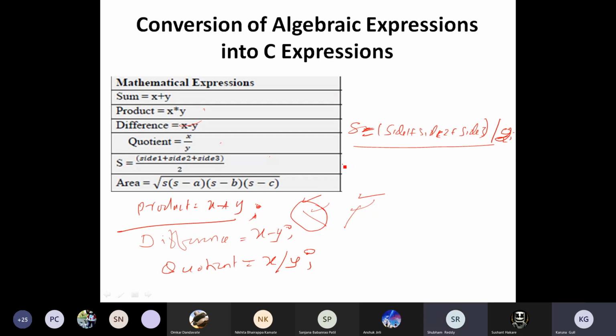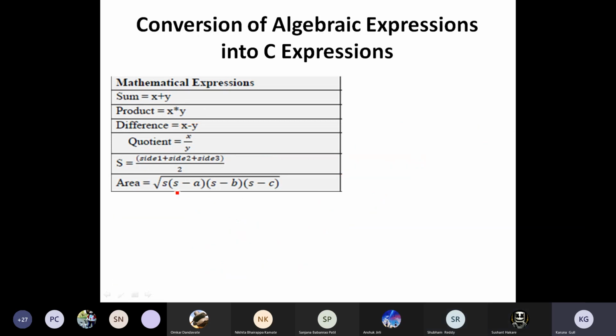Area is equal to SQRT of s star s minus a. I'll write it down.